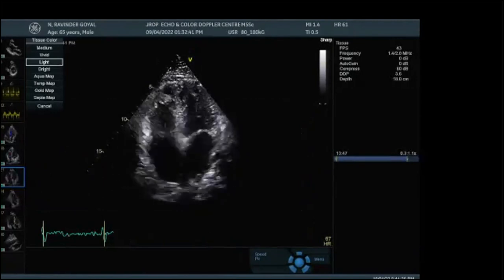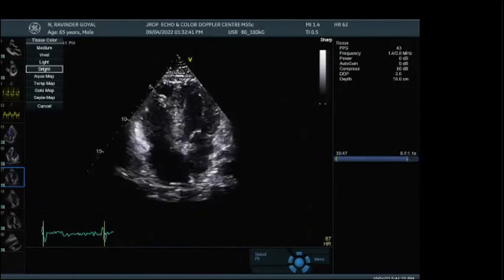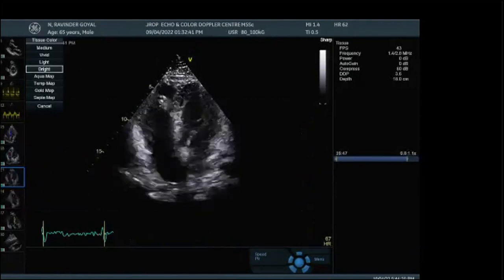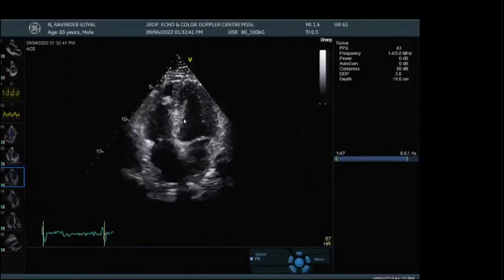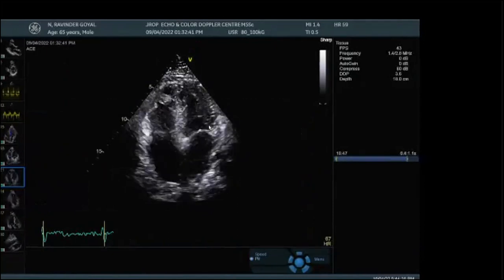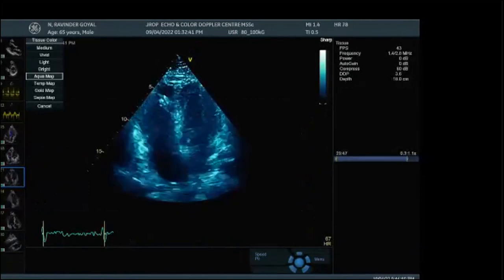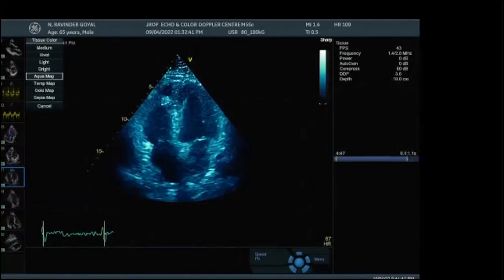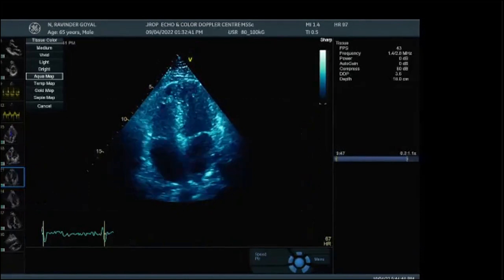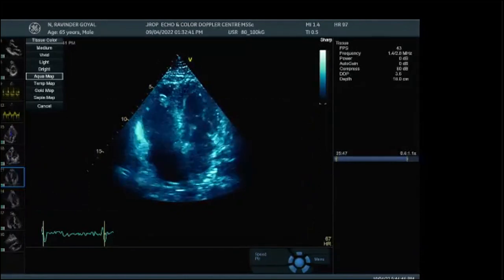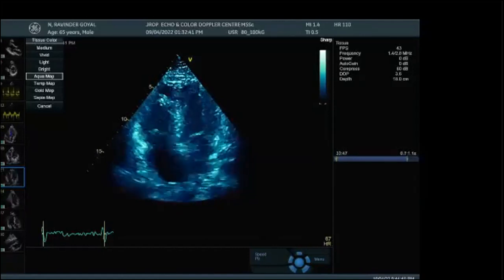Look at the left side. I've moved to brighter images. Now with brighter images, my endocardium has started appearing over here. With the light, I was not able to see, and I can use my chroma colors, as somebody was asking in the previous images, when do we use these chroma colors?